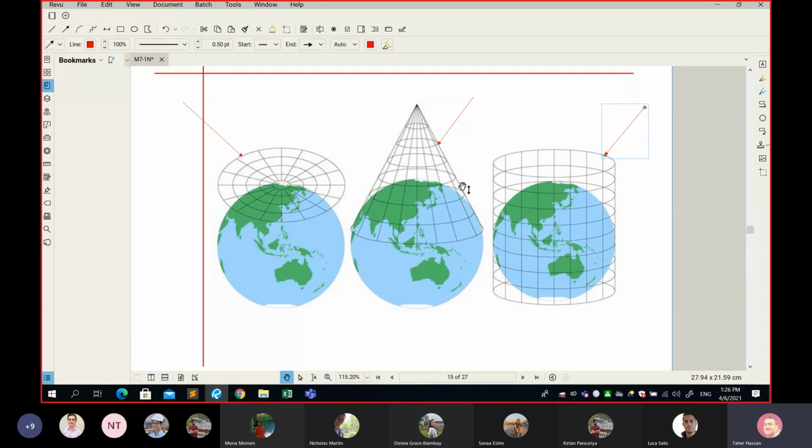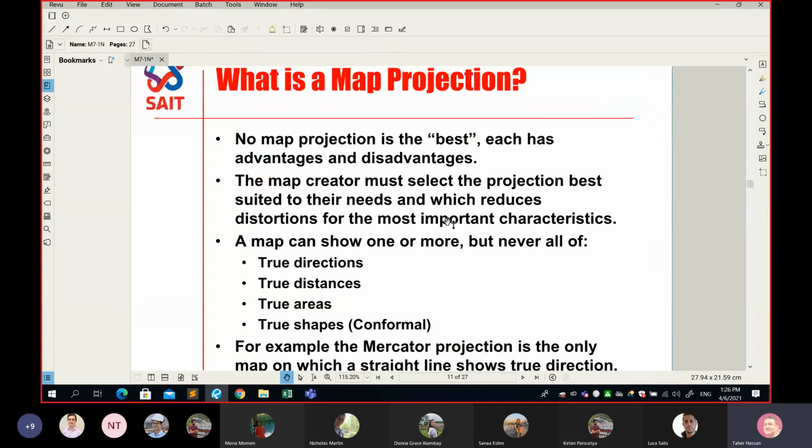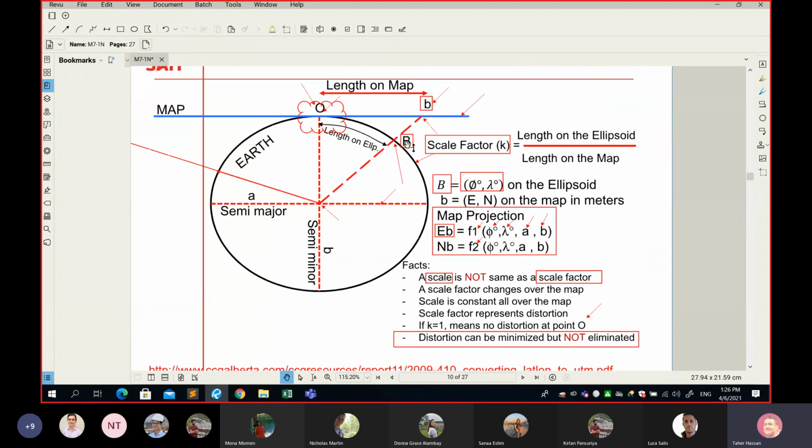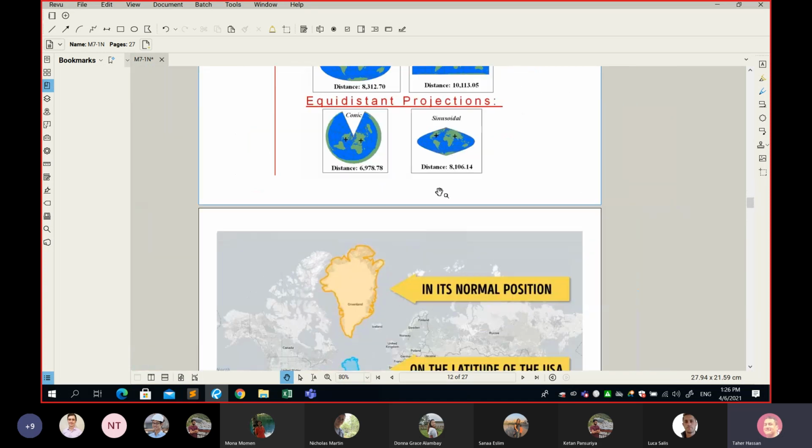For example, in conical, we get one cone and make it tangent to our ellipsoid. We do the projection the same way: we choose the center of the projection, connect to the point on the earth where we know phi and lambda, extend the line until it meets the cone, then unfold the cone. This will give you your map.